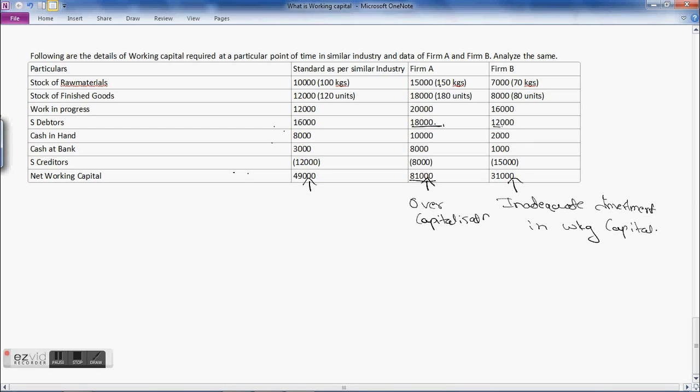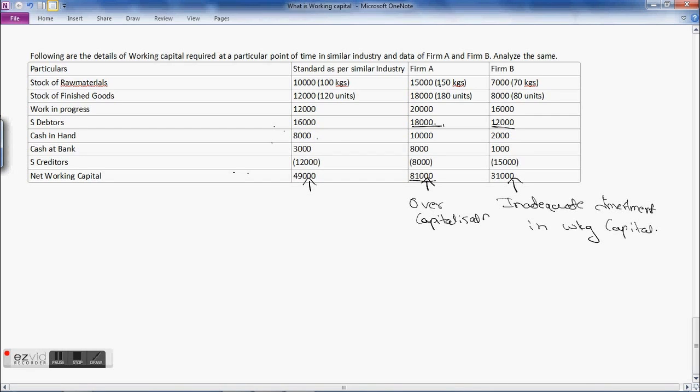Whereas firm B, if you see, the amount is 12,000. So in a way, it's efficiently managing its debtors. Even if it's understocking its raw material, finished goods and work in progress, it's efficiently managing its debtors because its debtors are at 12,000. That is, it is having more cash sales, correct?